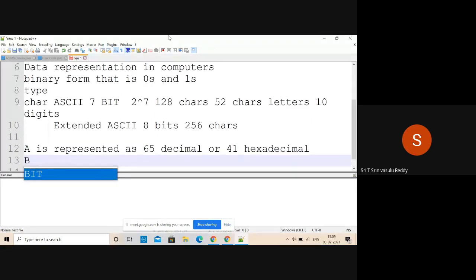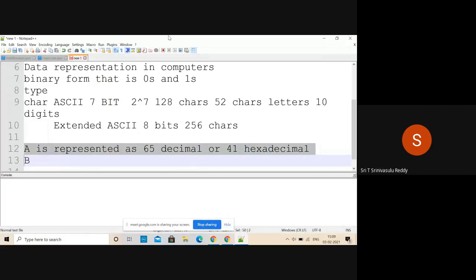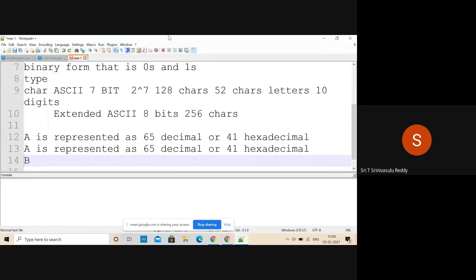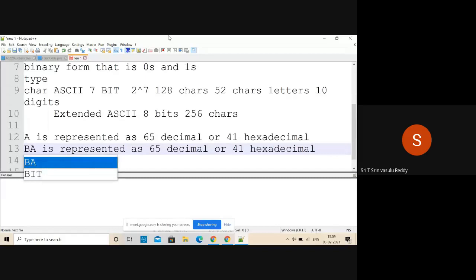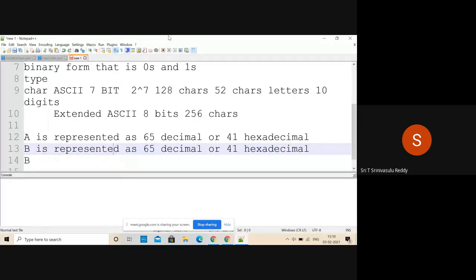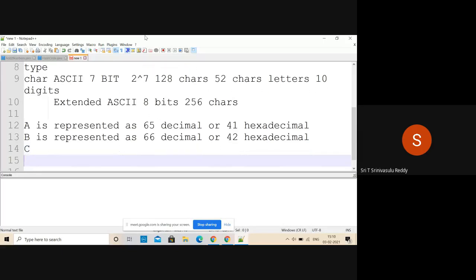Capital B is represented as the next number, 66 decimal or 42 hexadecimal. It goes on continuously, C is the next number, and so on, right up to capital Z.